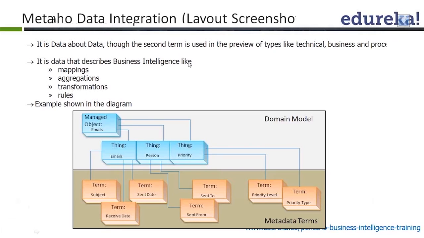Reducing impact, low to no impact, on changes at the low level. So if some change happens at the database layer, the administrator has very good visibility of how that will impact my logical layer. For example, somebody thinks, okay, email has 3 fields so far: subject, send date, receive date.